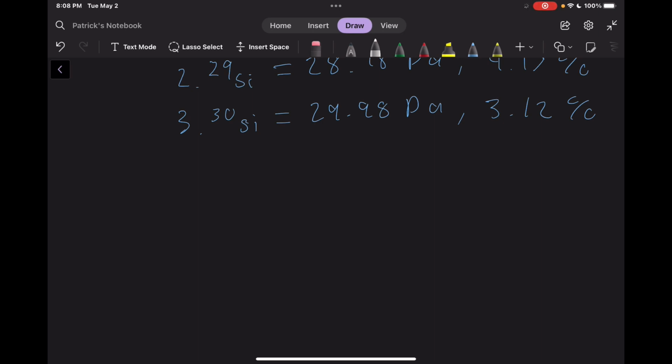Finding the weighted average atomic mass for multiple isotopes involves the following formula.